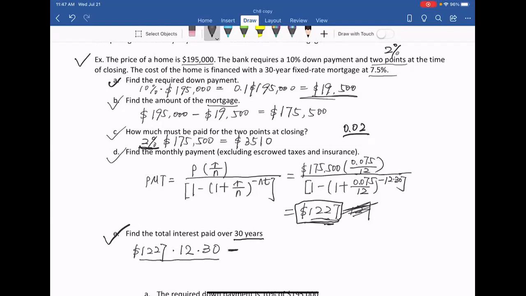Subtract how much you borrowed from them. The mortgage you borrowed is 175,500. Using a calculator, you will get 266,220. So the total interest paid over 30 years is approximately $266,220.